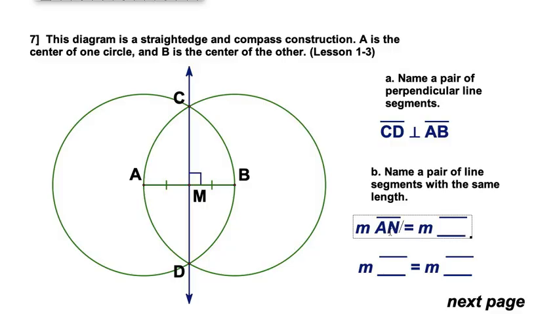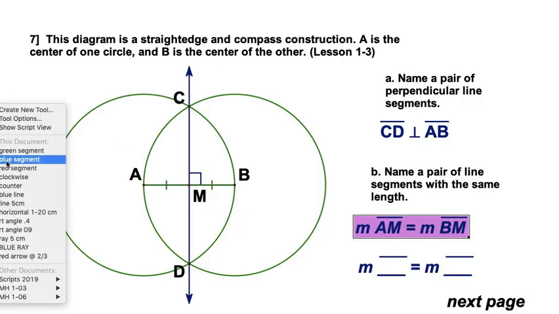It's getting dark out here. AM, where's the M? AM, and I'm writing it this way. The measure of segment AM is equal to the measure of the segment BM. That's a true statement.